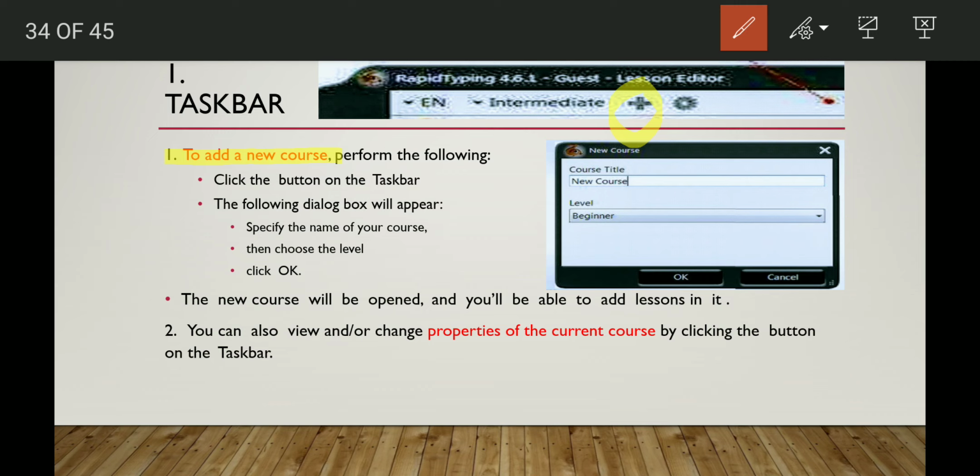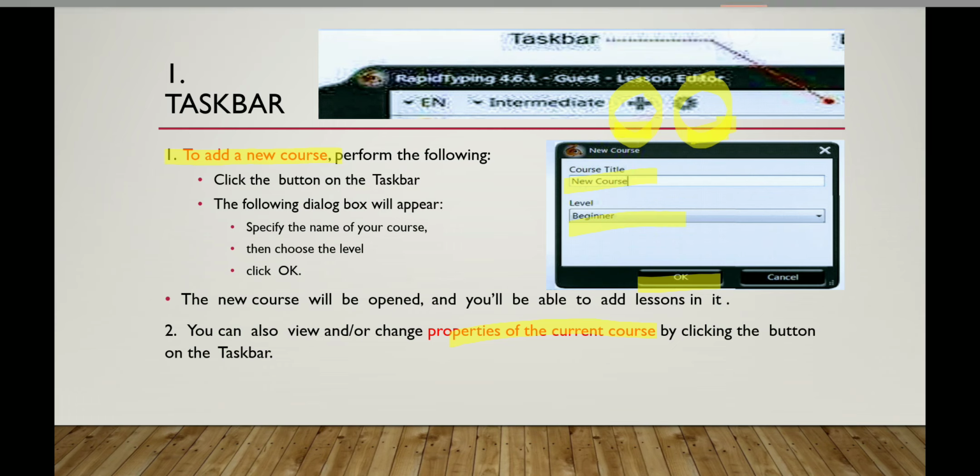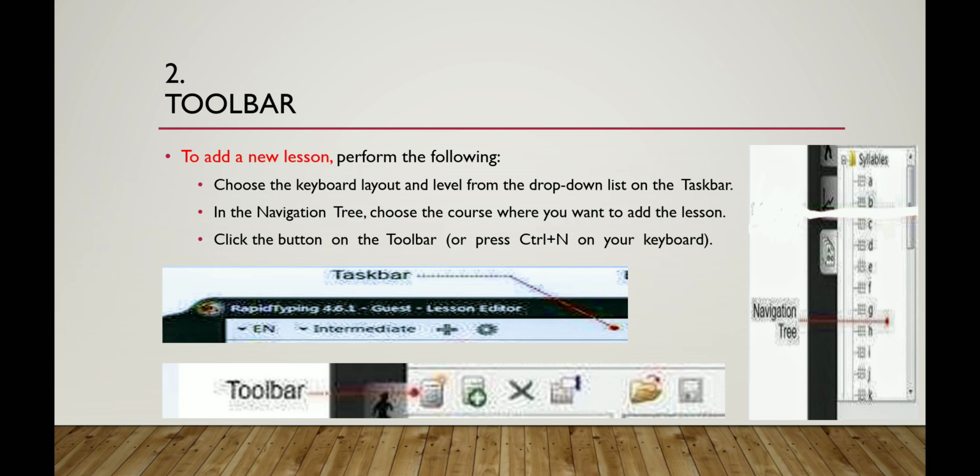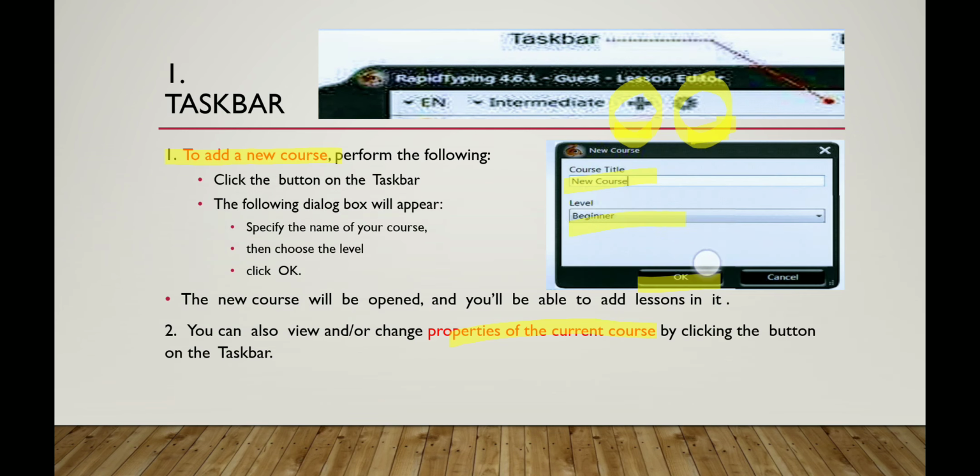After that, you have to specify the name of the lesson, level of the lesson, and click OK. The new course will be open. Now you can view or change the properties of the current lesson by clicking the button on the taskbar. This button, you can change the properties of the current lesson also. So this is used to add, and this is used to change the properties of the new course that you have added.